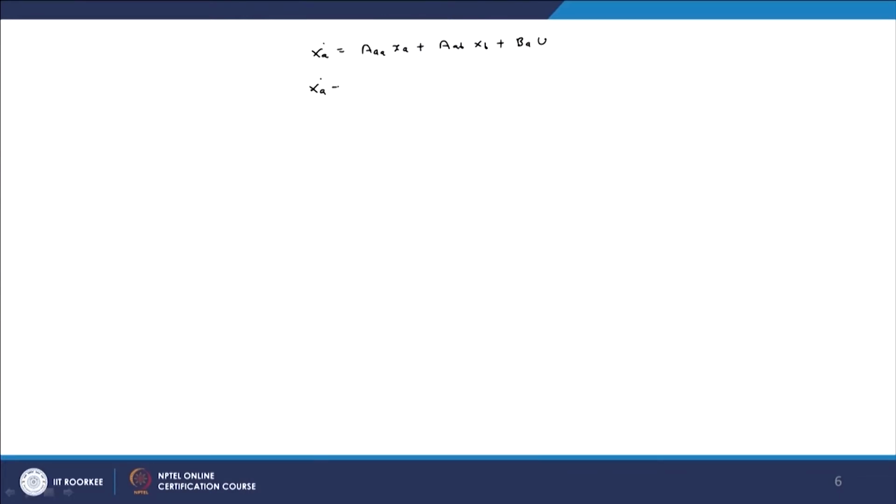So, after looking at these equations, we observe that this XA dot minus AAA into XA minus BA into U equals AAB into XB. So, what we have seen is that in this particular equation XA dot, AAA into XA and BA into U are the known quantities.